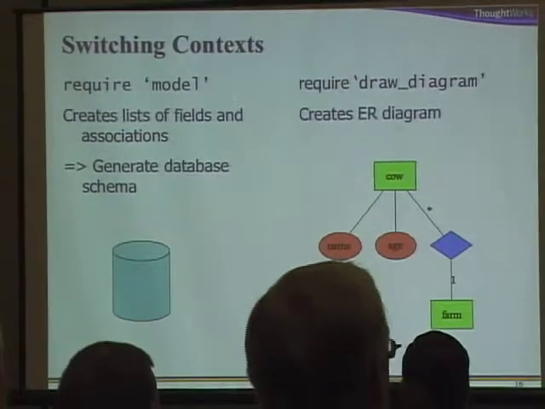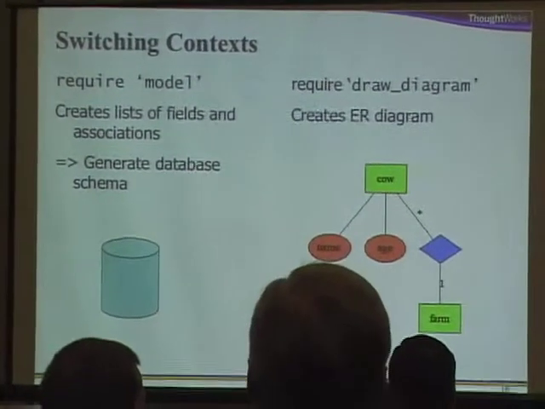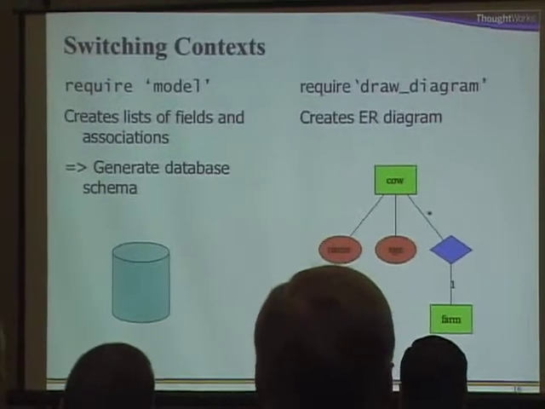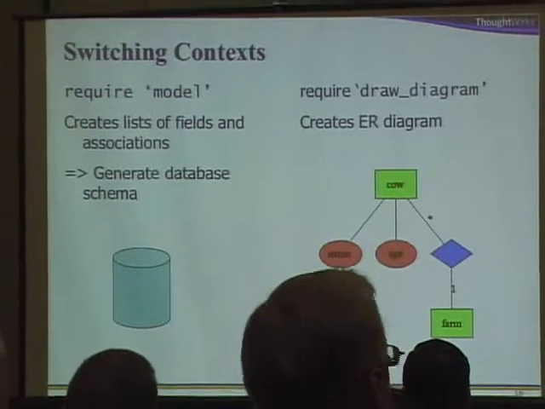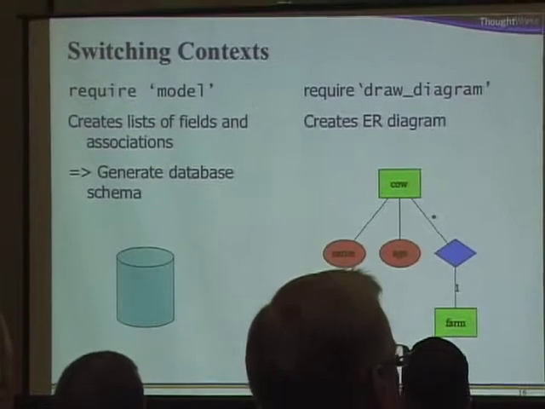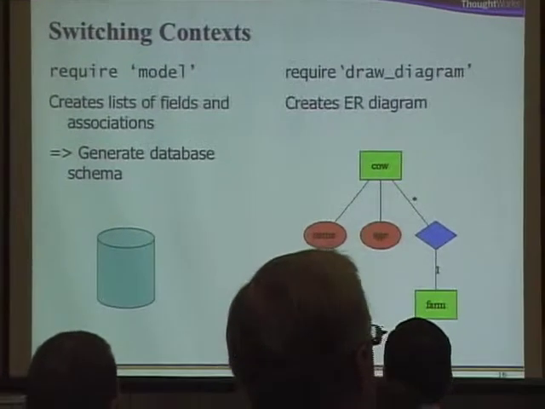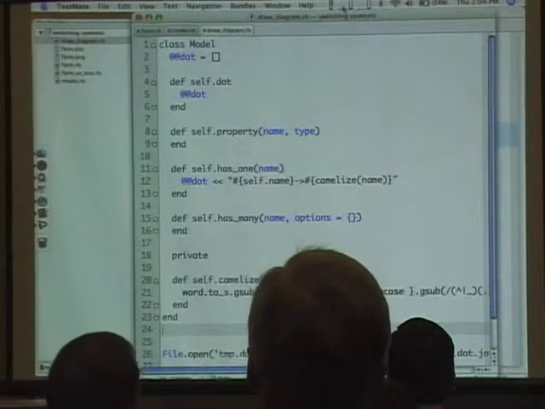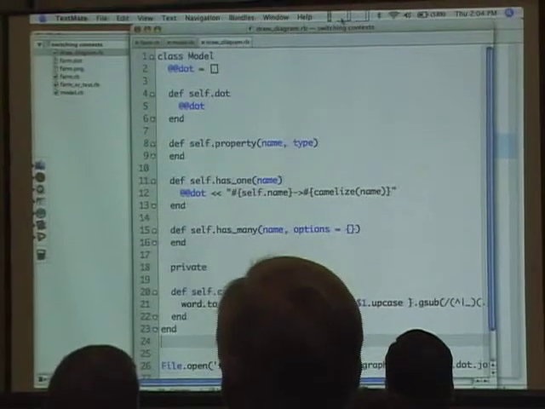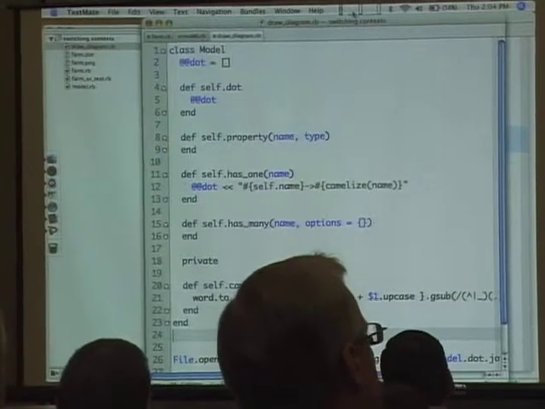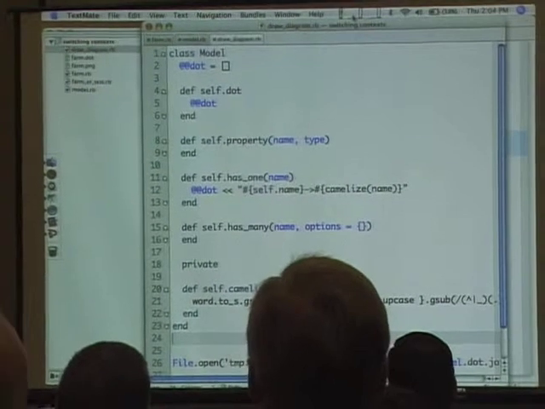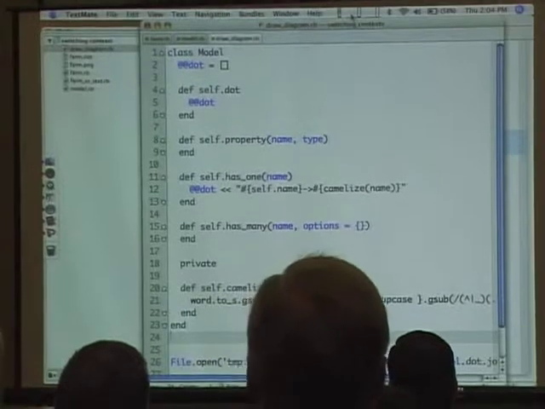But if you require draw a diagram up at the top instead, that changes the definition of what model does, and in this case, it generates an ER diagram of that model. So here's the class model that uses dot to generate an ER diagram based on the same kind of functionality that I've defined in that model file.